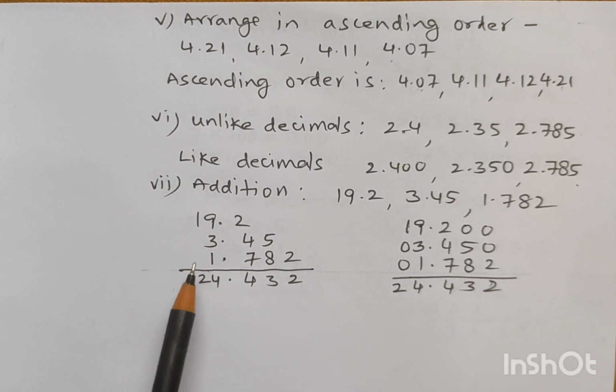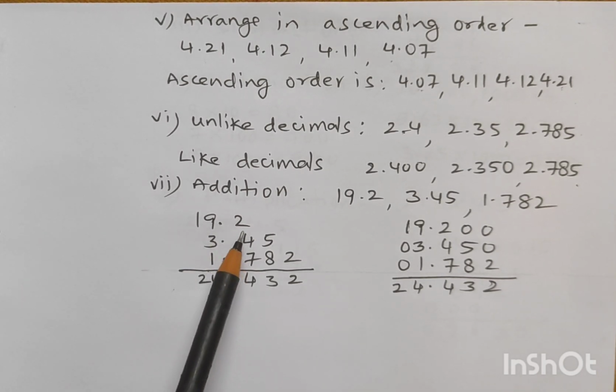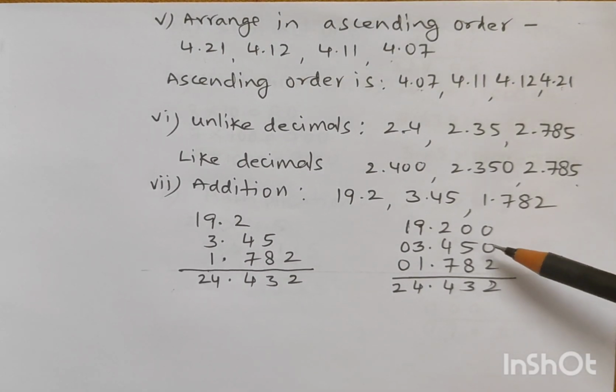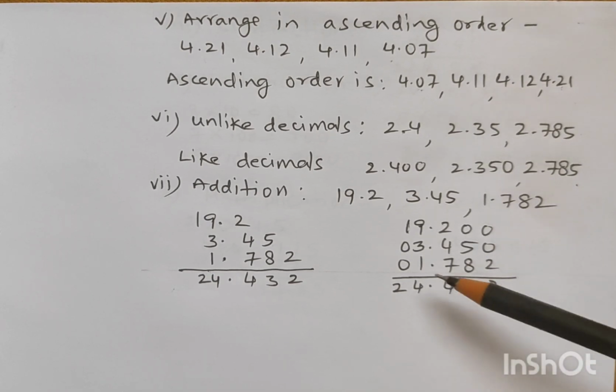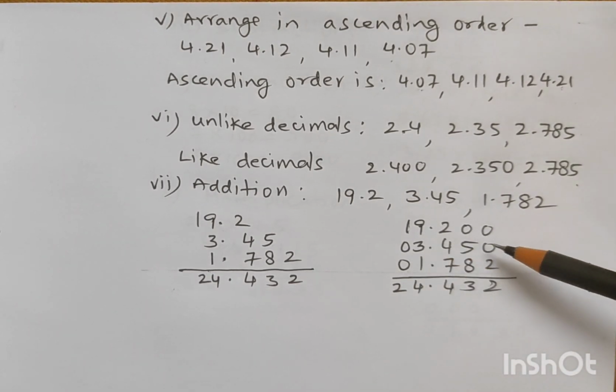You can also say that in the ones place you write the ones, and in the tenths place you write the tenths. In the initial stages we can put zeros here, make them like decimals, just to understand and do it easily in the beginning. Subsequently we can do it in this way.